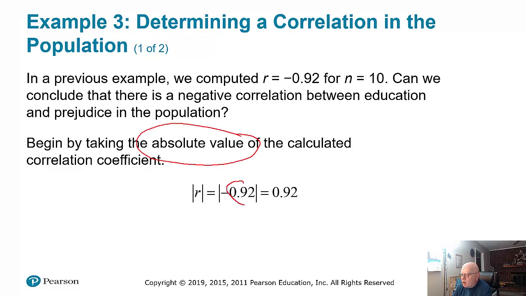Just look at this part of it. How close is that to 1? Since that's fairly close to 1, then you've got a pretty good correlation. The negative means it's going downward. The point A2 says it's a strong one.